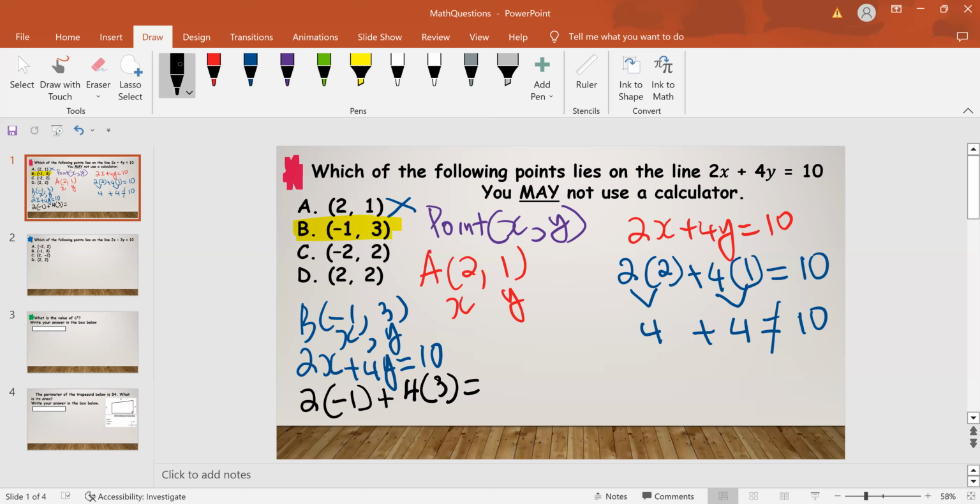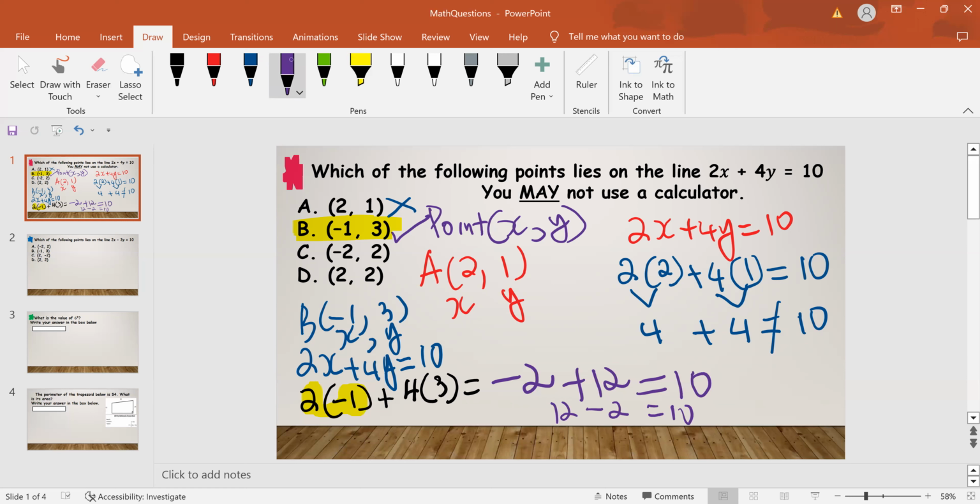Here you have to understand that when you multiply a positive number and a negative number, the result is negative. So positive 2 multiplied by -1 gives -2, plus 4 times 3 is 12, and -2 plus 12 is positive 10. Sometimes that confuses students, but you have to understand this. -2 plus 12 is the same as 12 minus 2, and 12 minus 2 is 10. Therefore, the best choice is B. Otherwise, we continue to check.